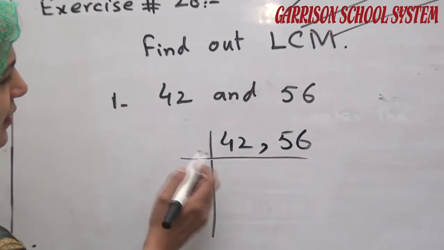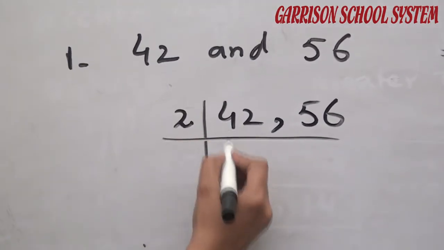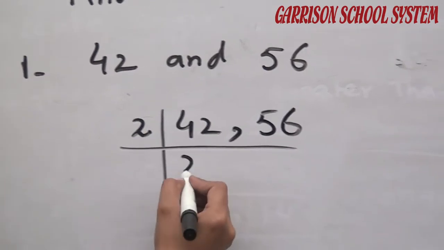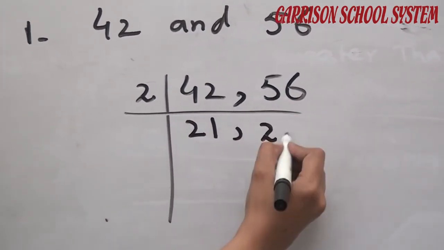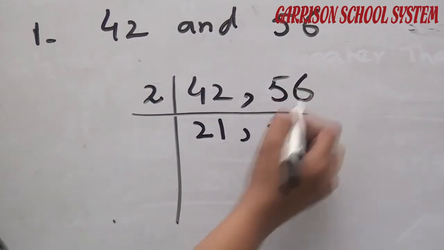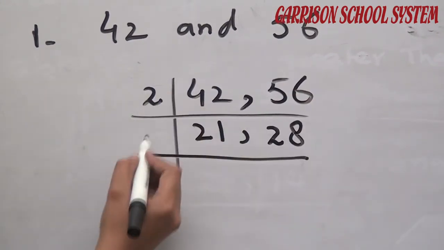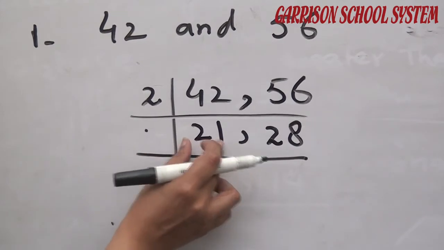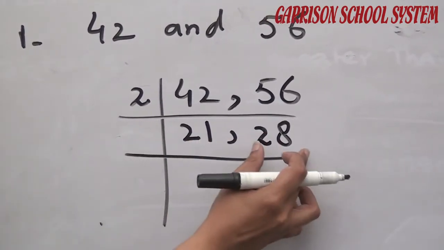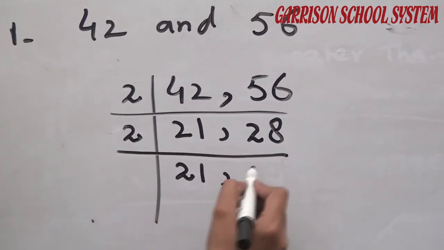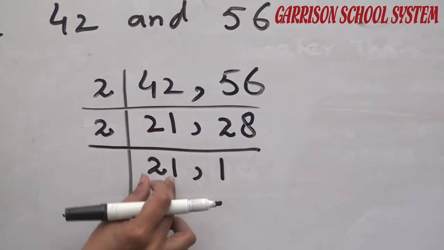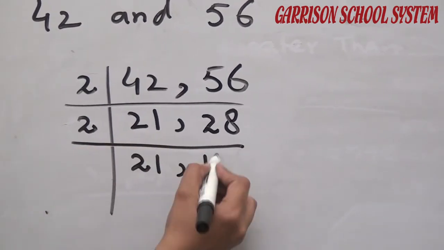We take any least number. 2 2s are 4, 2 1s are 2, 2 2s are 4, 2 8s are 16. Now next, 21 is not divisible by 2, but 28 is divisible by 2. So we take 2. 21 remains the same, 2 1s are 2, 2 4s are 8.